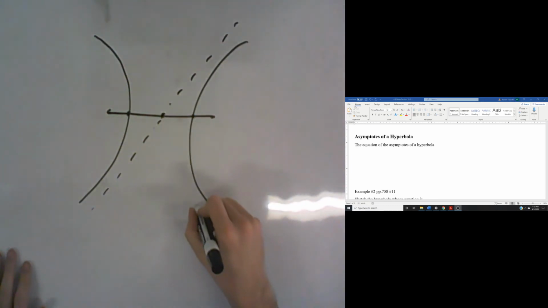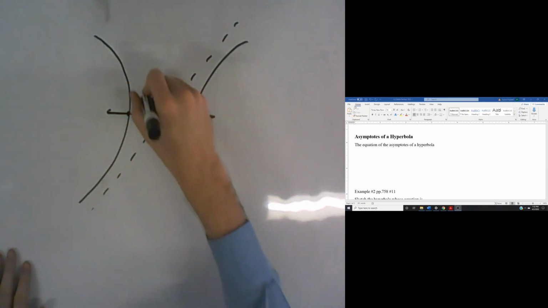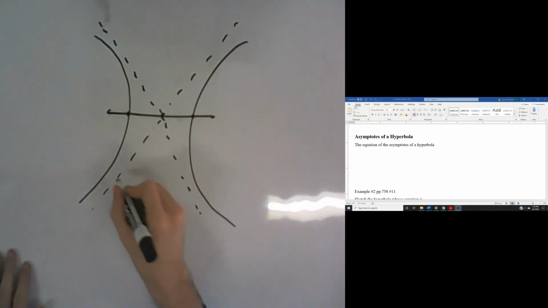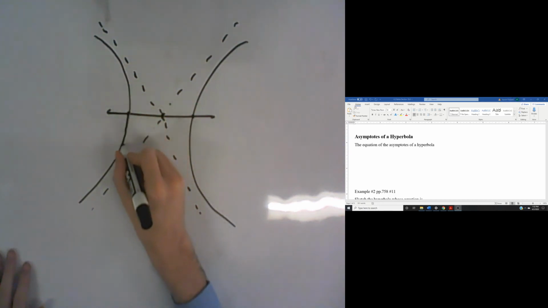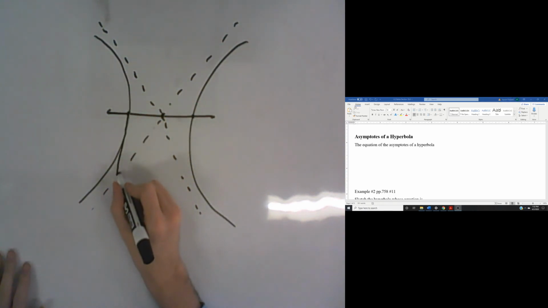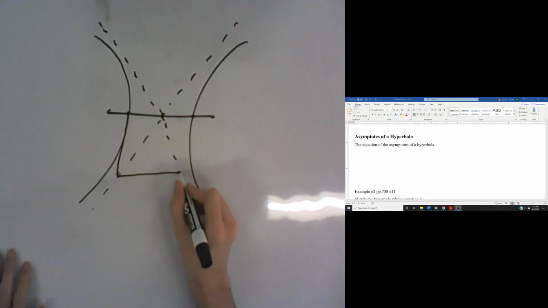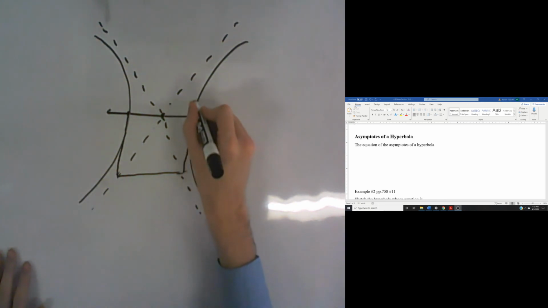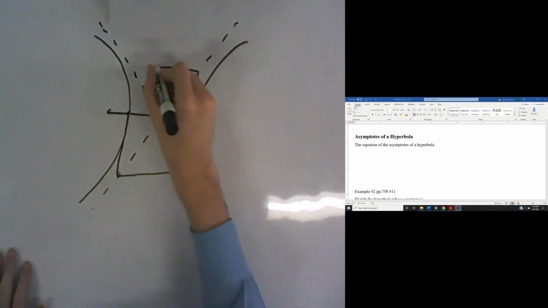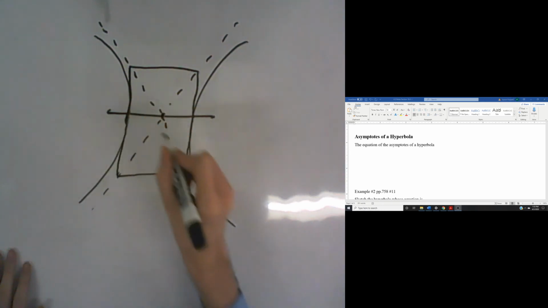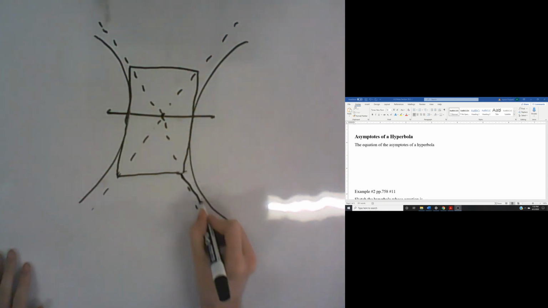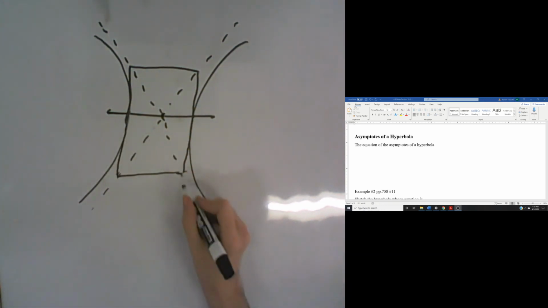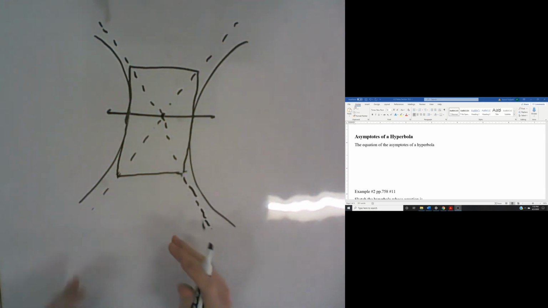that inhibit our branches, so they don't let the branches go too far. These are our asymptotes right here.